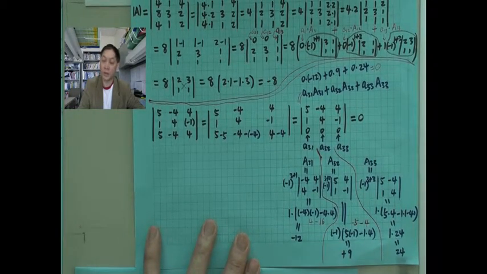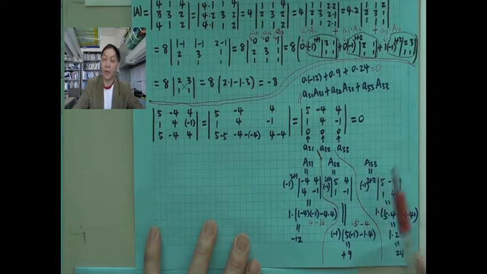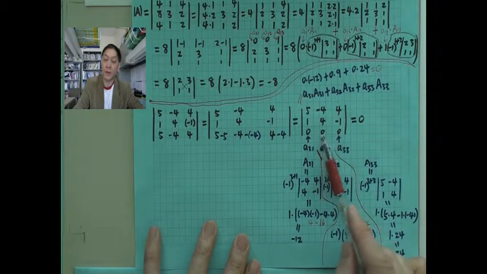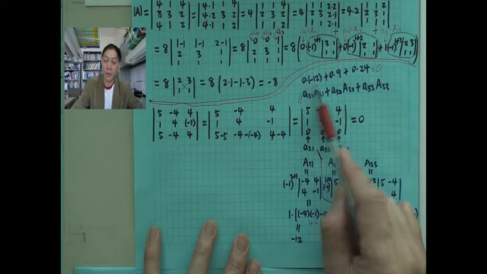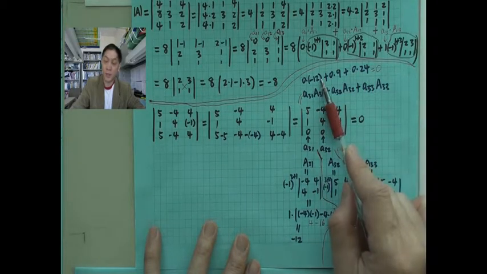But you don't really need those negative 12, 9, 24 for the values of cofactors A31, A32, A33. The reason is you already got the elements at 0. 0 times anything is 0. 0 times negative 12 is 0.